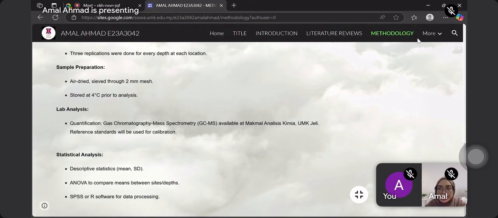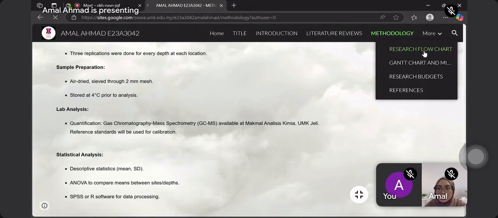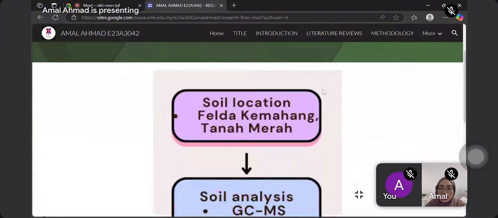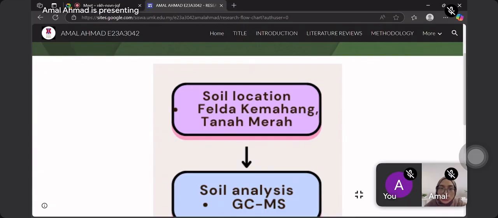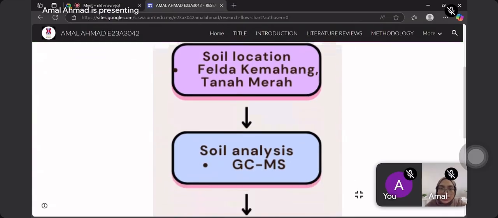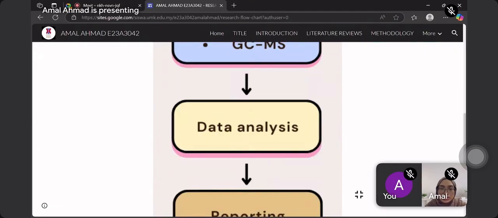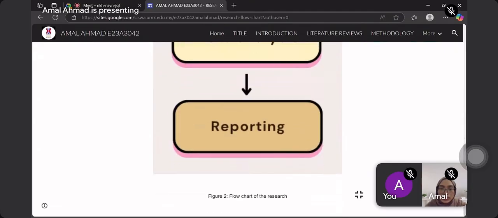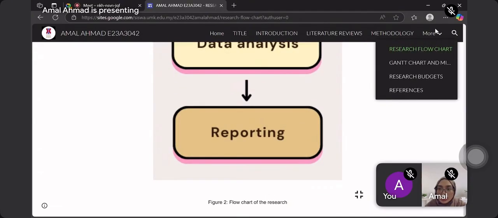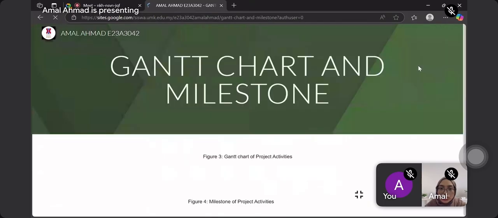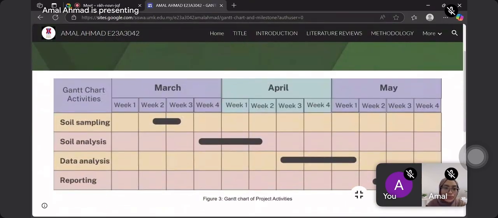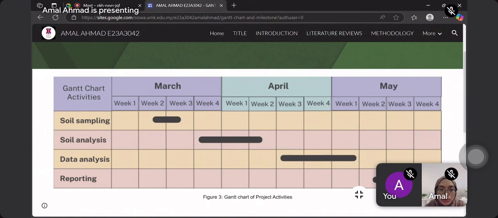So next we go to research flow chart. The research flow chart goes from soil location Felda Kemahang Tanah Merah, to soil analysis, data analysis, and reporting. At Gantt chart and milestone: March week 2 and week 3, we go to soil sampling.